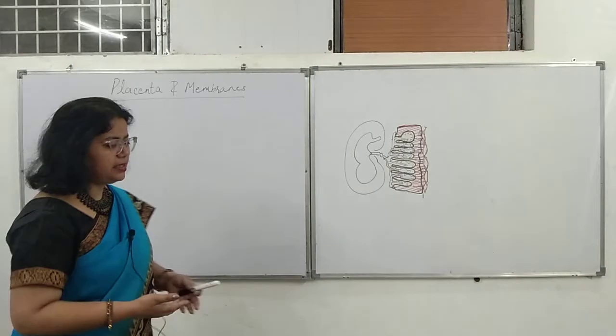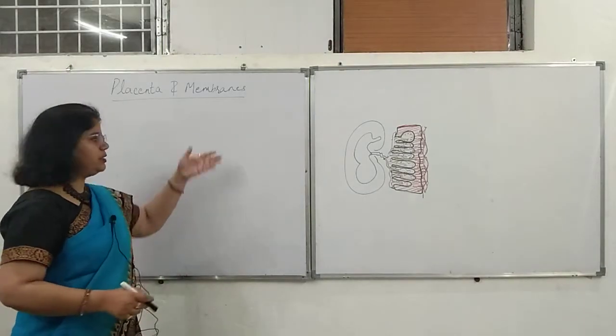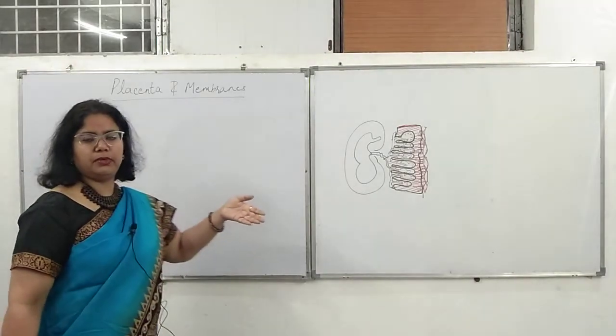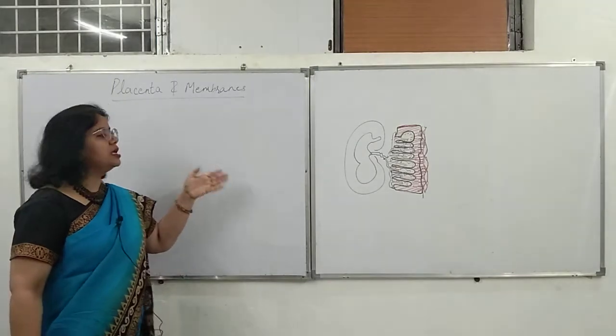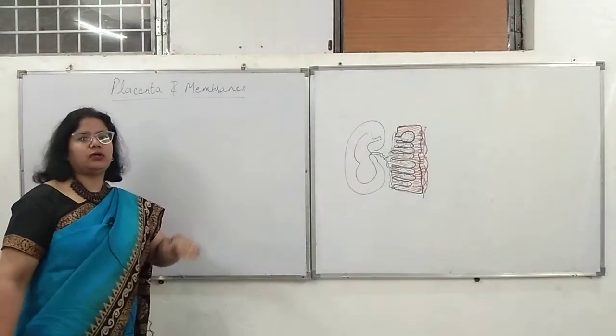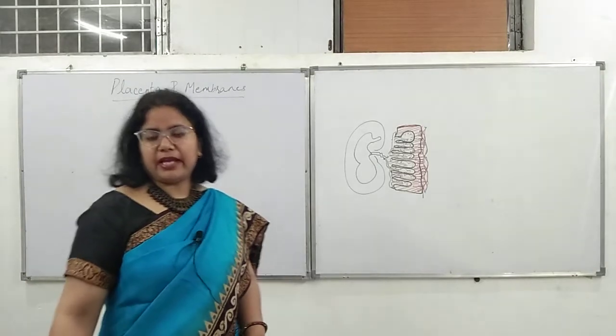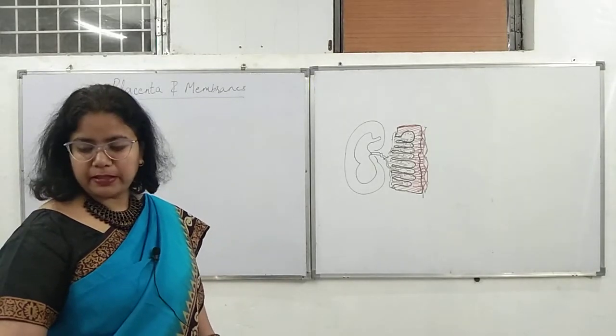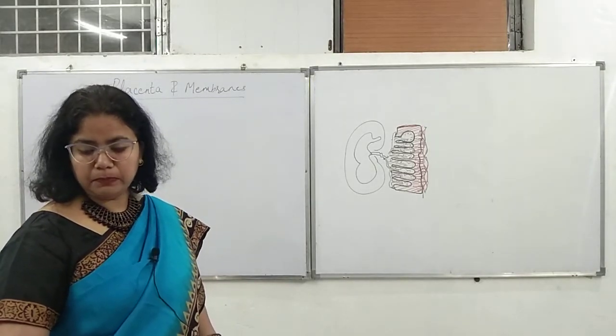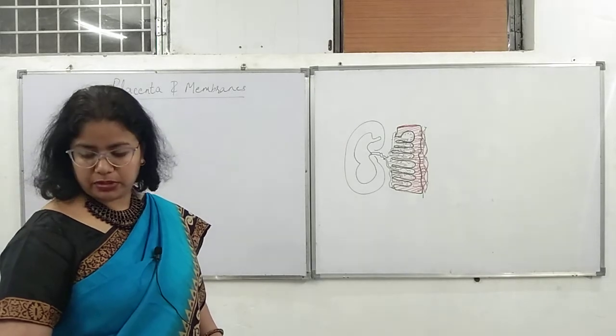Maternal side of the placenta, as I have told, because it is deciduate, so some amount of decidua is present over it, and the cleavage takes place at the level of decidua spongiosum, as I have already explained in the lecture covering the physiology.